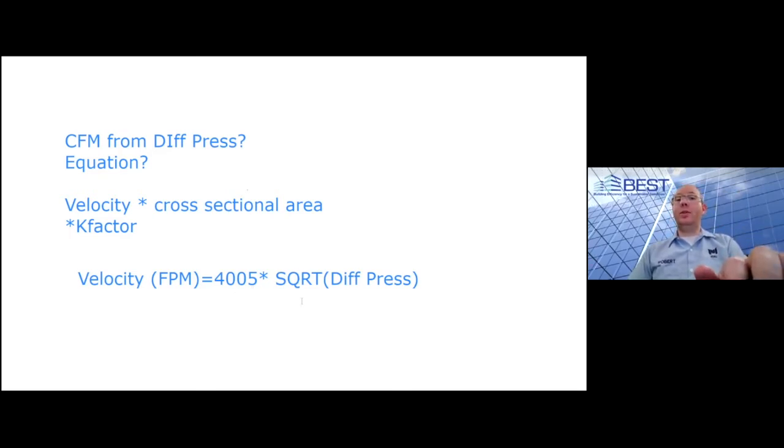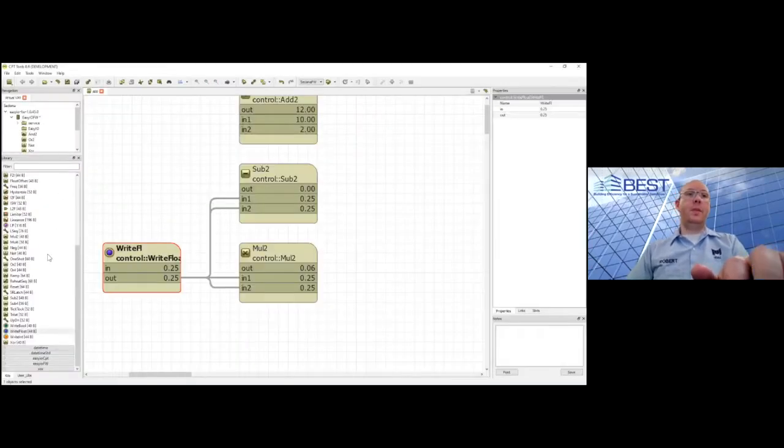But we do still need to do this square root function. So let's jump back over to CPT and find square root. By the way, in CPT, anytime you have one of your libraries open, you can filter your results.